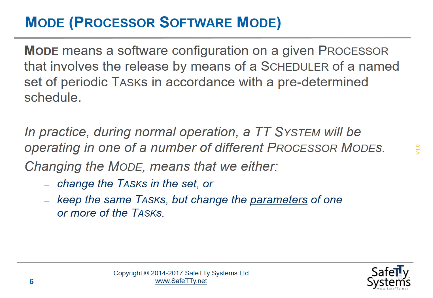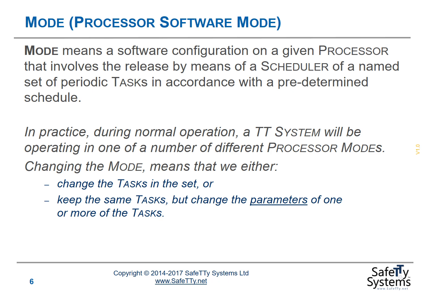When we change the mode, this means either that we're changing the tasks in the set, so we're moving from one task set to another task set, or we're keeping the same set of tasks, but we're changing the parameters of one or more of the tasks.